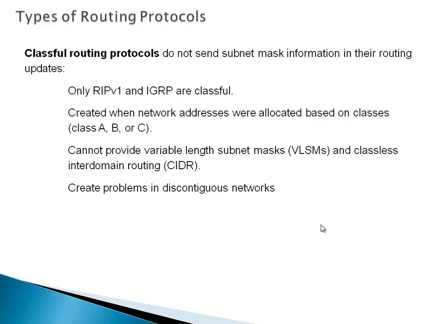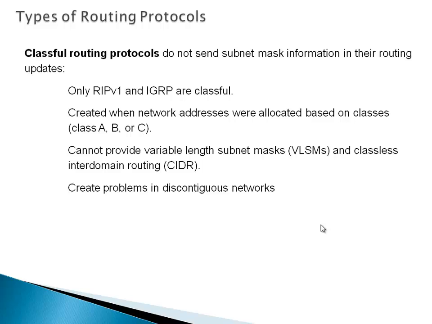This creates a problem in a discontiguous network. For example, if one router has 172.16.1.0/24 and another router has 172.16.2.0/24, when they advertise to the neighbor router, they will advertise the classful network 172.16 for both of them.